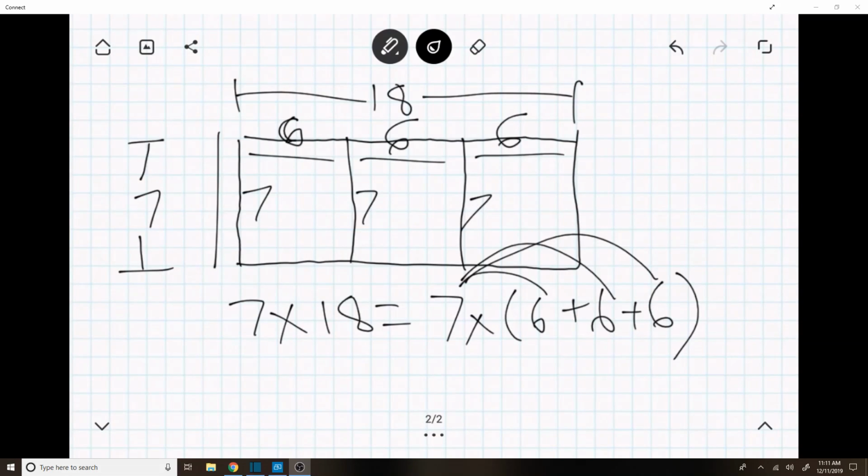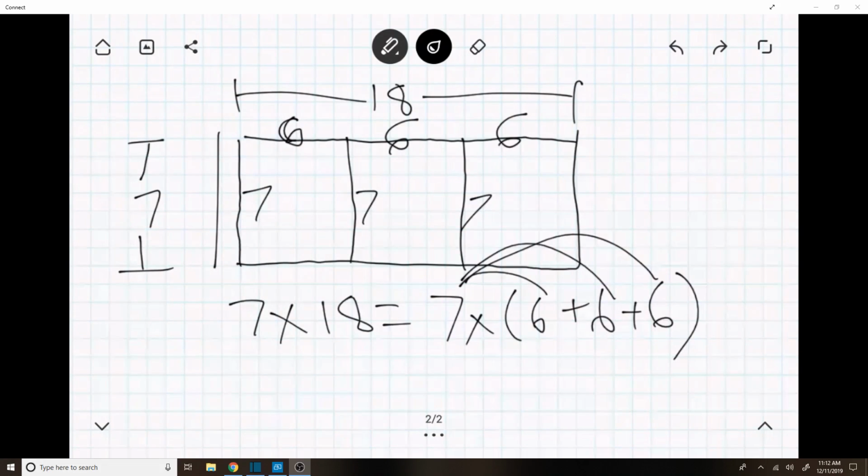Because it doesn't make sense just to do 7 times 6 on the first one and not these other 2 that are right here. Those are still edge lengths on our area problem. So with the distributive property, if you're going to split up the edge, you need to multiply the whole thing, not just pieces of it.